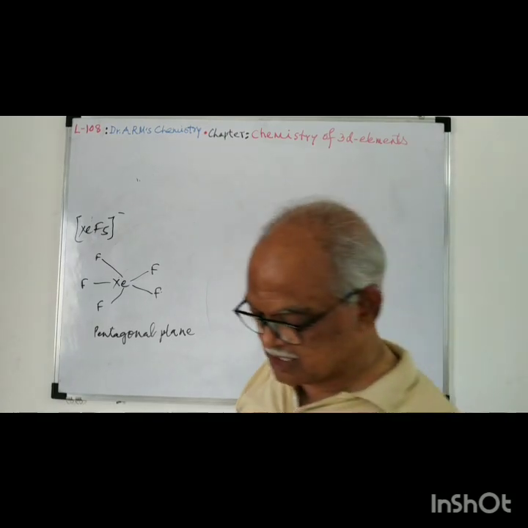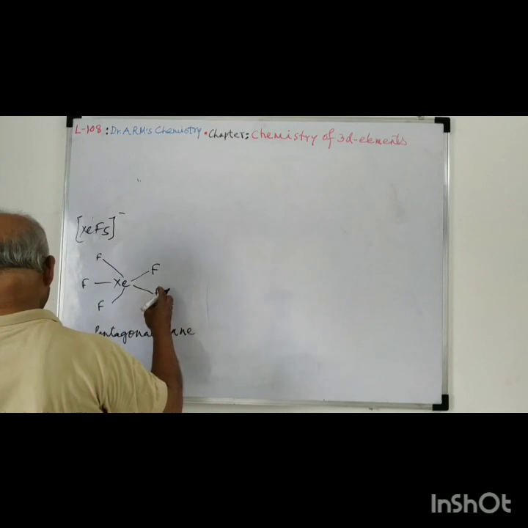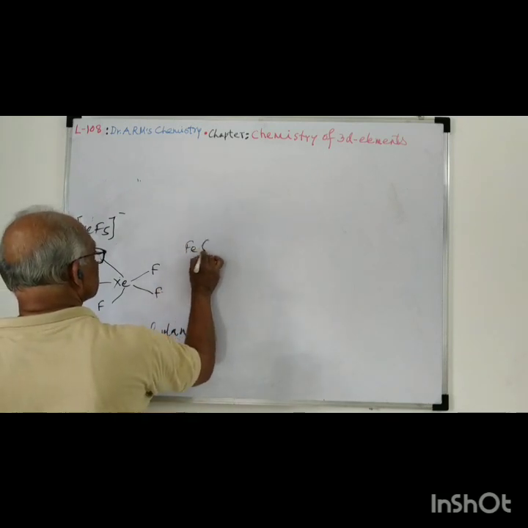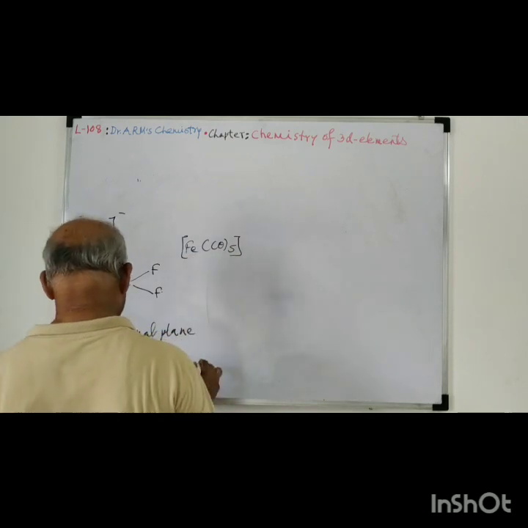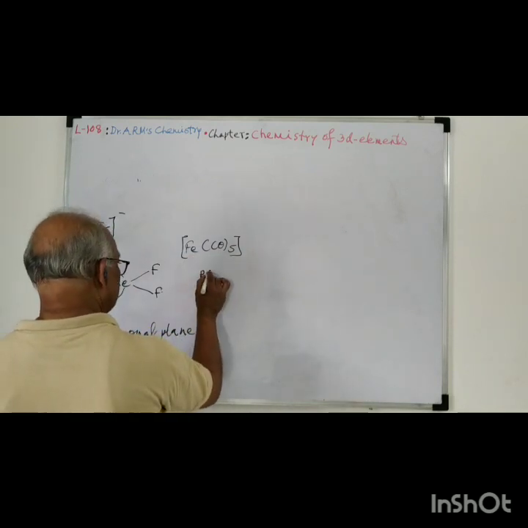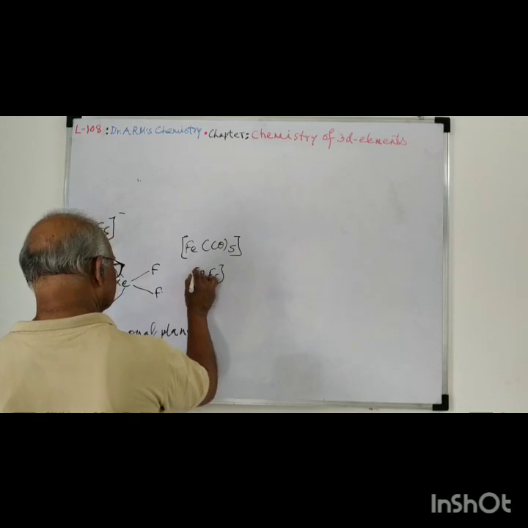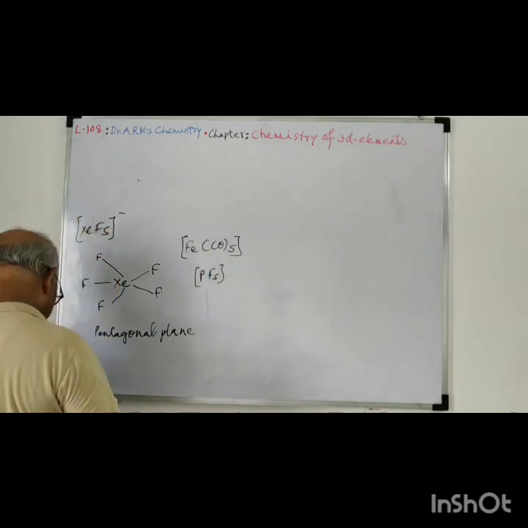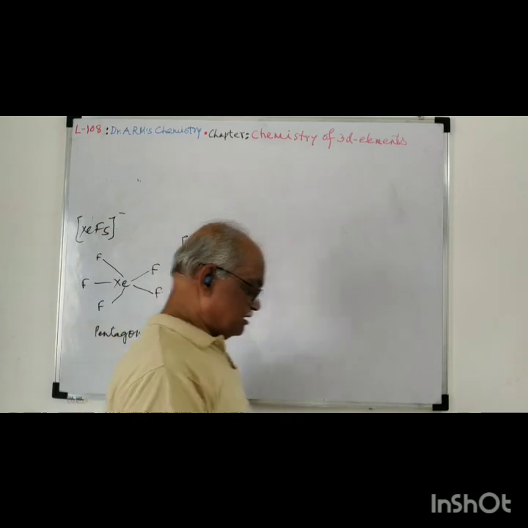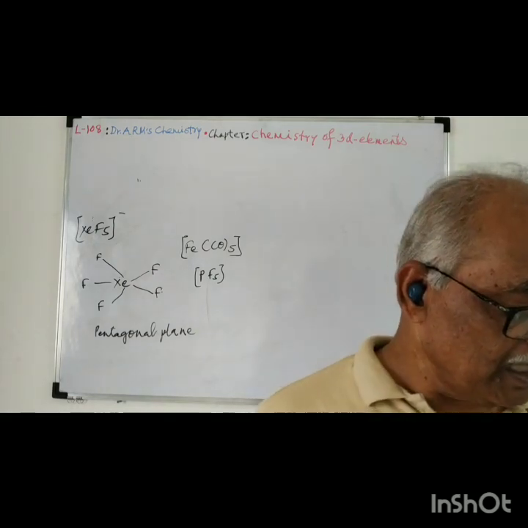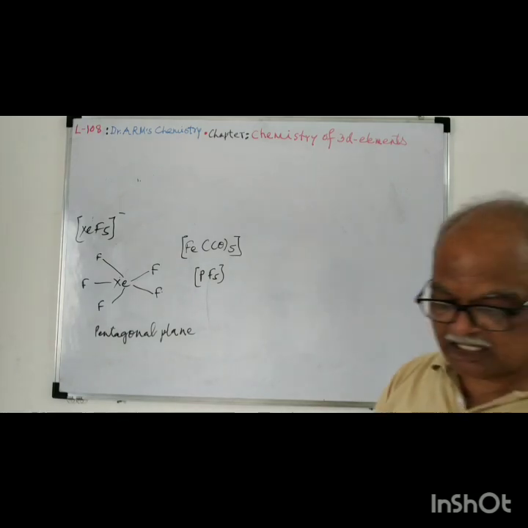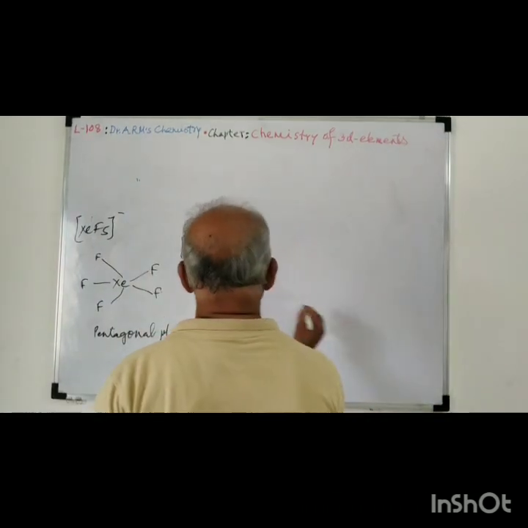We have another examples. We have many examples such as FeCO5 and PF5, phosphorus pentafluoride. So these structures are confirmed on the basis of their C13 NMR and F19 NMR.